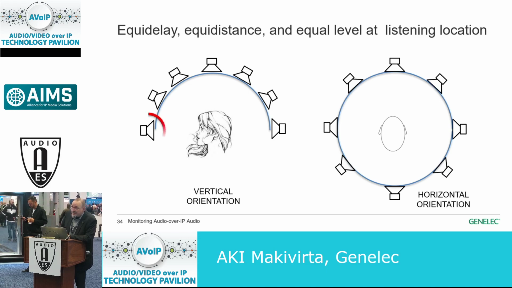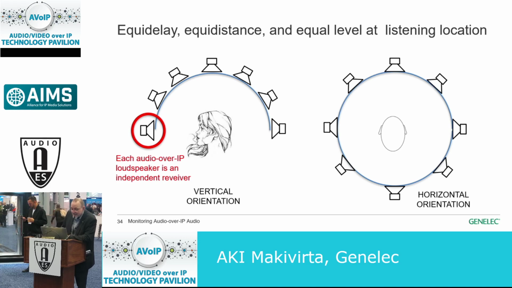In order for us to fulfill this, we have to keep in mind that the individual loudspeakers in audio over IP reproduction systems are totally independent units, and the network itself doesn't take care of making sure that these devices belong to the same set intended for reproducing a certain audio presentation. So we have to bring in additional tools, the key tool here being the PTP clock synchronization, in order to make sure that the sound image that we create here is coherent and is working correctly.